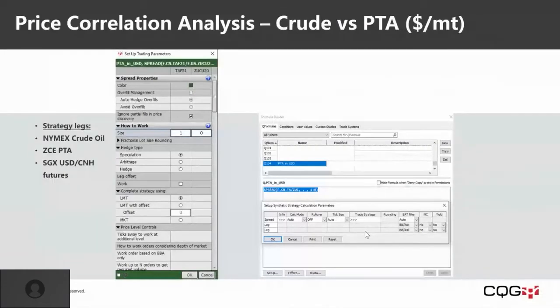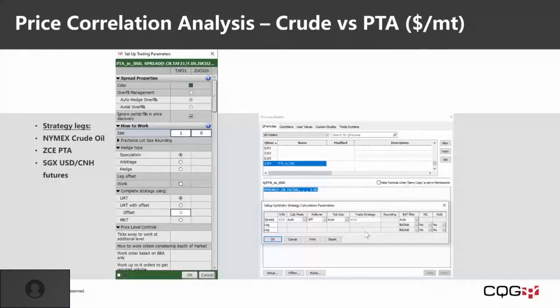Obviously, given that the two products are trading in different currencies, we will need to create a first spread, which I've labeled here as PTA in USD, which speaks for itself. We're just going to take PTA, turn it in USD, and this will be our first spread.